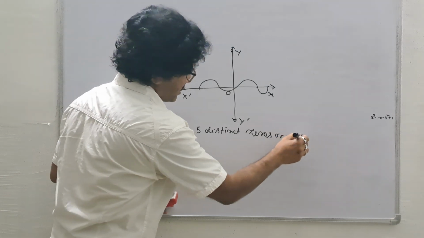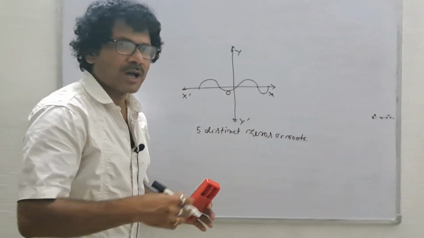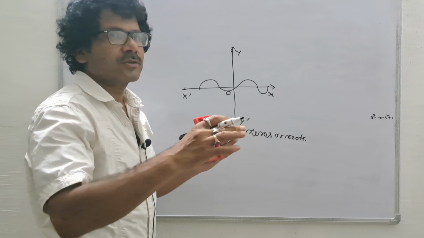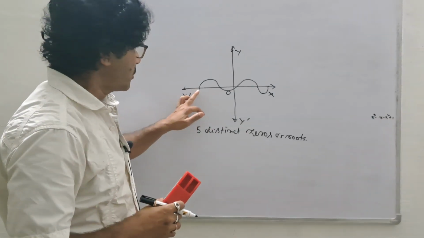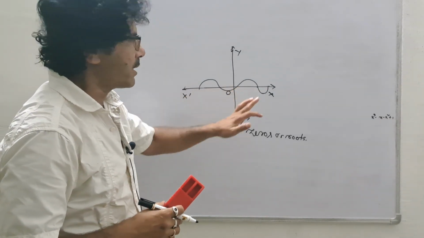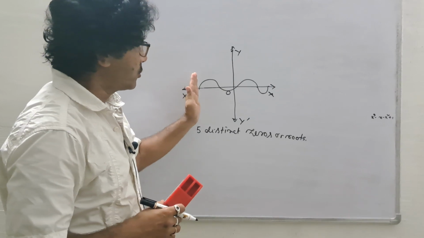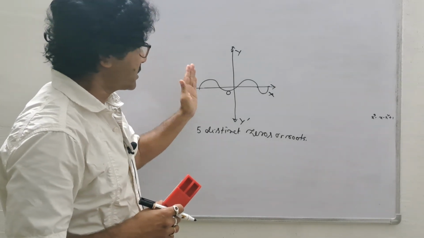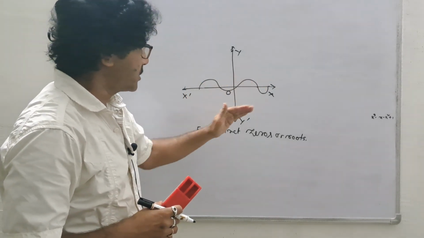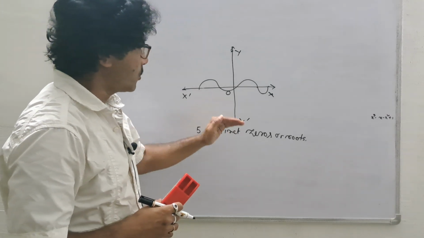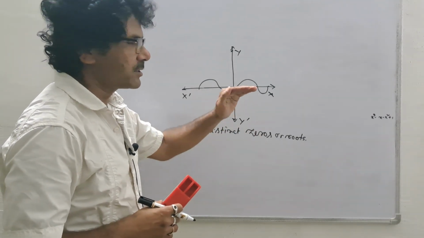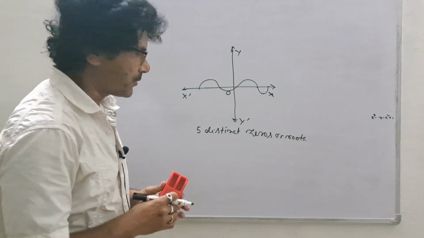Distinct means different, not equal. Okay, all the zeros are different. The graph of the polynomial intersects the x-axis at 5 points, so the polynomial will have 5 distinct zeros.